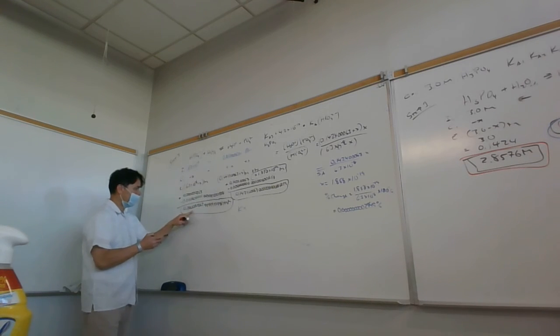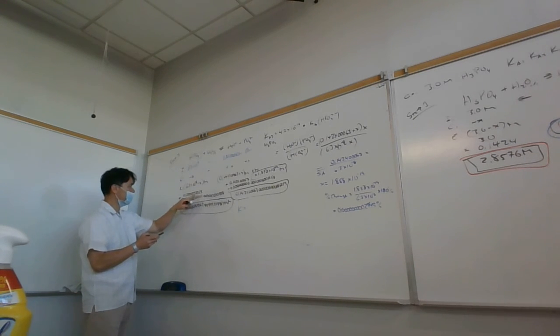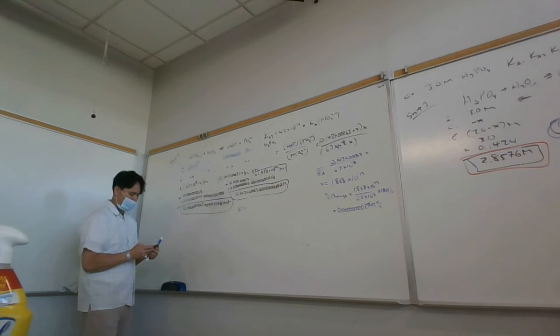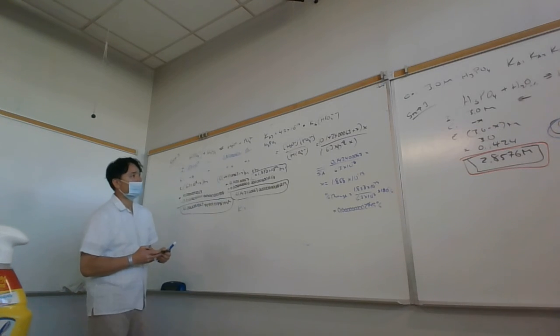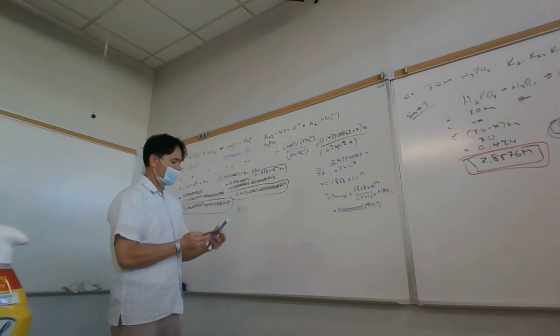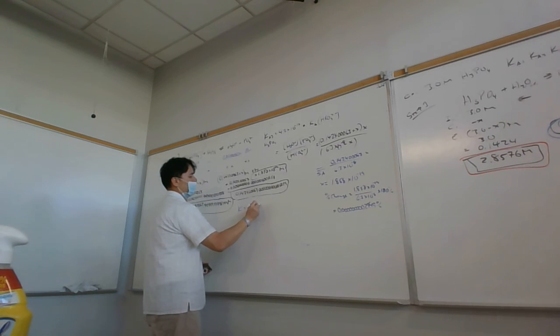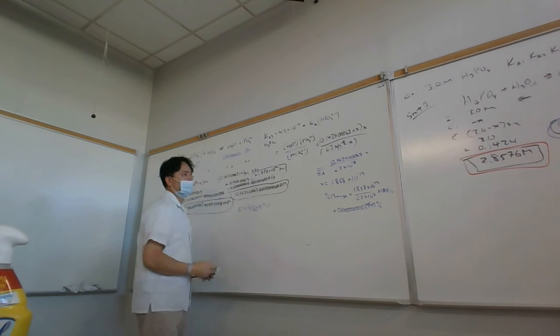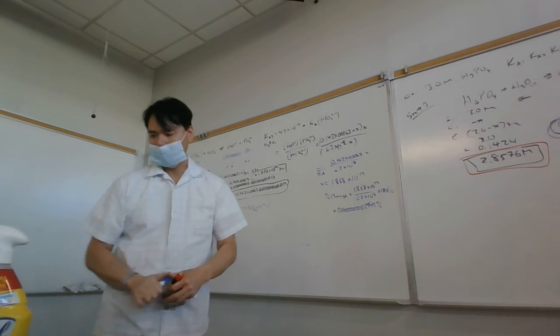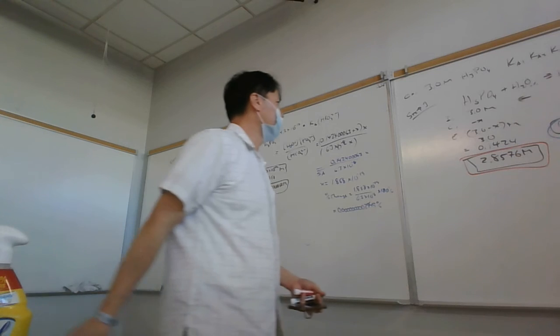Divided by 6.3 times 10 to the negative 8. Okay, and I get 4.2 times 10 to the negative 13. This checks out. Even if I rounded those, I still got 4.2 right on.